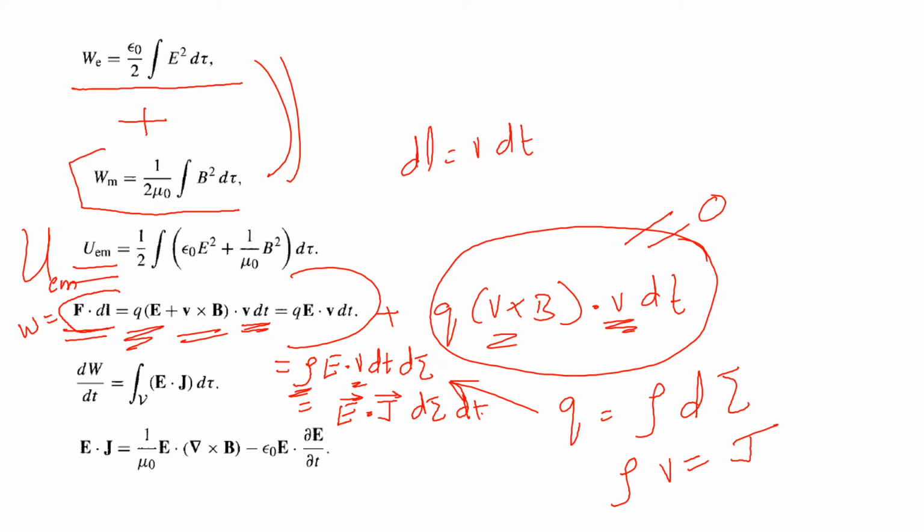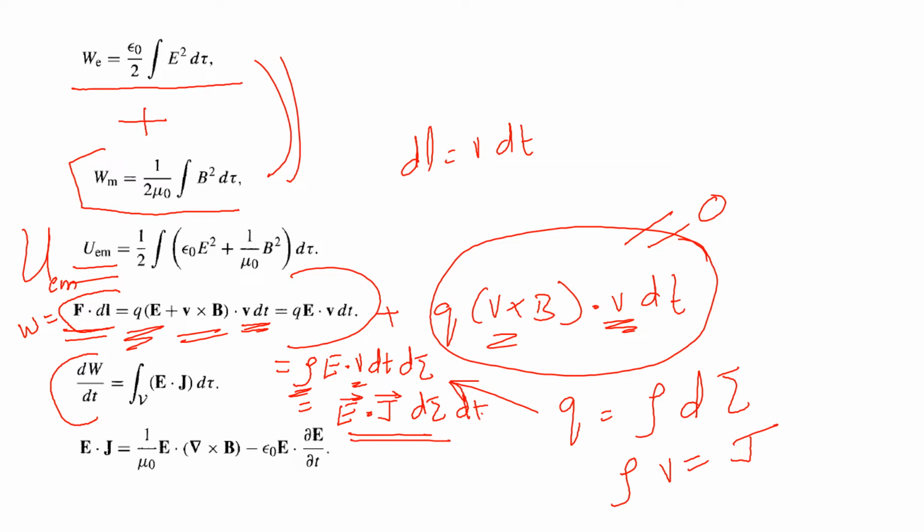We take the dt to the left side. That is why this becomes dW by dt. The rate of work done is equal to the integral of E dot J d tau. I hope that is clear up to this.